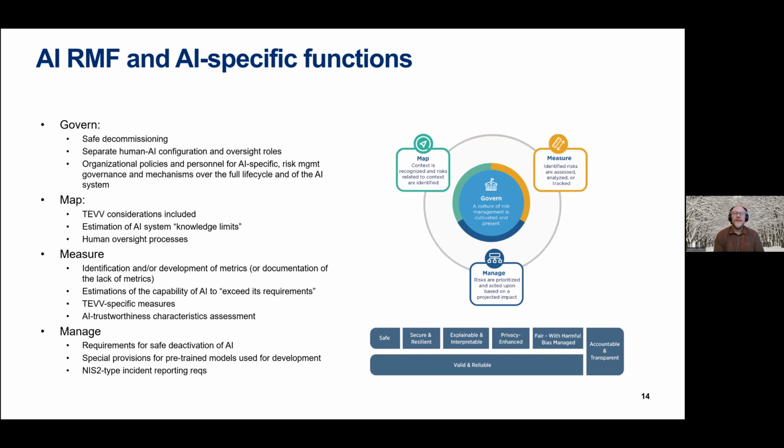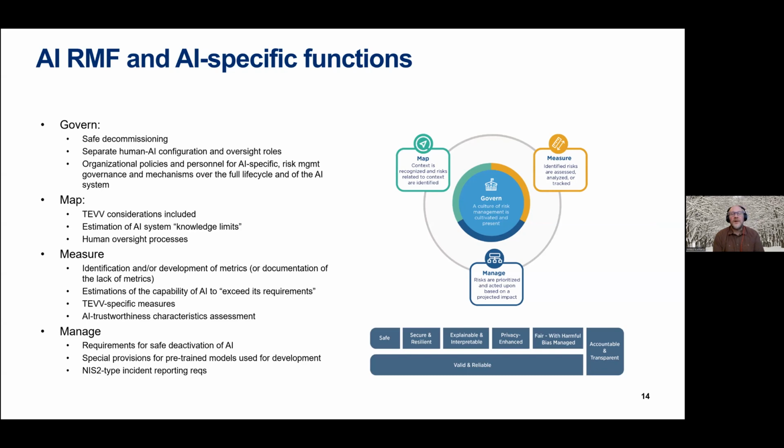So the whole idea of the RMF is to have 4 main functions, from govern, which is to govern all of the stuff, and then start from mapping to measuring to managing.